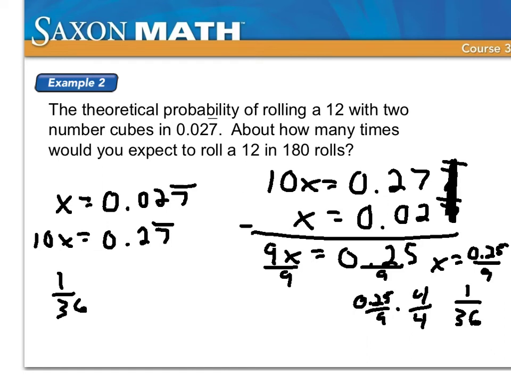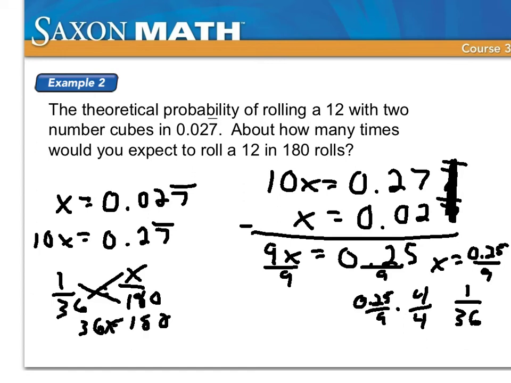Now the problem asks me, how many times would you expect to roll a 12 in 180 rolls? So I want to know, if I get 1 out of every 36, how many times out of 180 would I get it. So we're going to solve that by cross multiplying. And 36 times x equals 180.